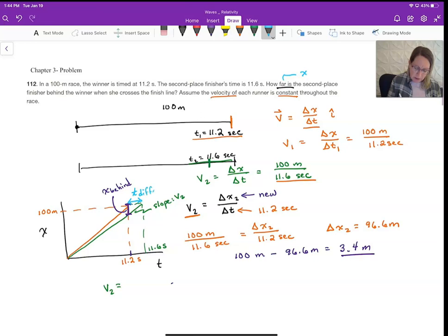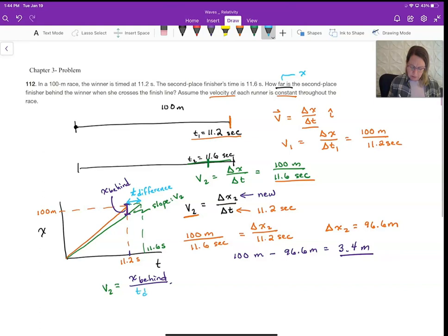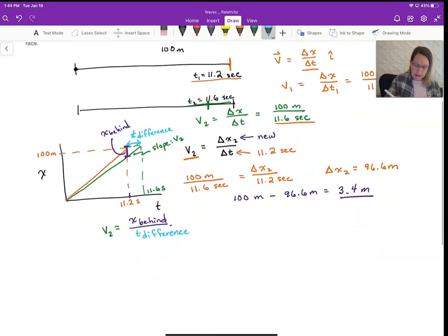That's still rise over run. So we can say v2 is equal to the x that you're behind, divided by the time difference. And then this is going to give you exactly the same thing.